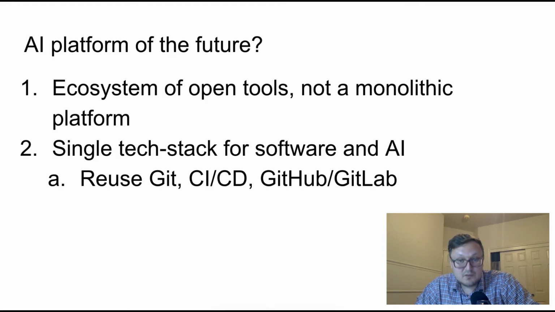And one of the reasons why we need this ecosystem and not a single, monolithic platform is that it's better to have one single technology stack for AI, for ML, and software engineering, instead of having two different stacks, right?